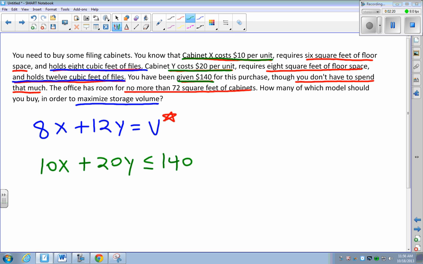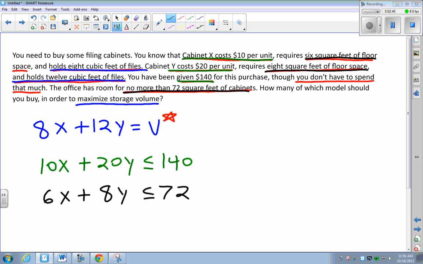The other one is square feet. So we have 6 square feet here, 8 square feet, and 72 square feet is the most we can use, but we don't have to use up all of it. So we'll set up another inequality, 6x plus 8y is less than or equal to 72.